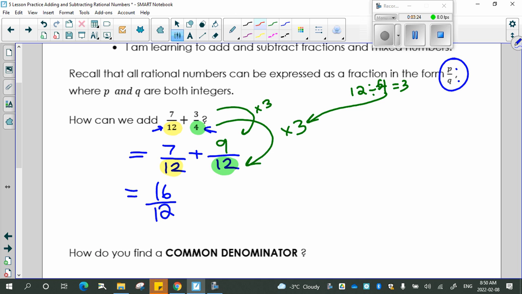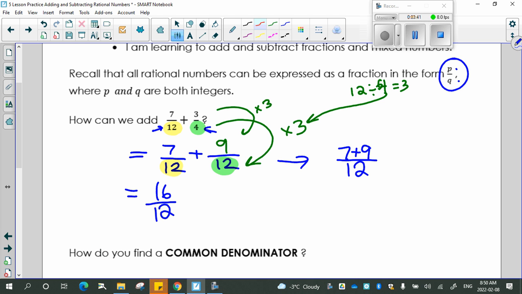Or you can think of it as you keep the common denominator the same and you add the numerators. So it's all about the 12ths. I've got 12ths, I'm getting more 12ths, so now I've got 16 12ths.